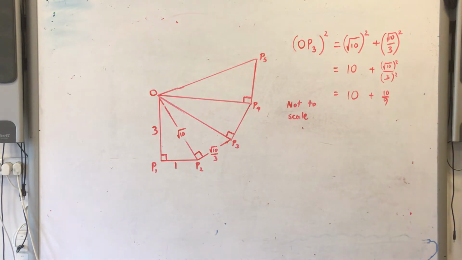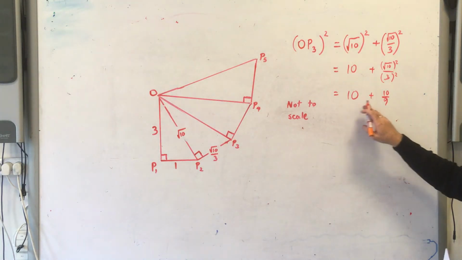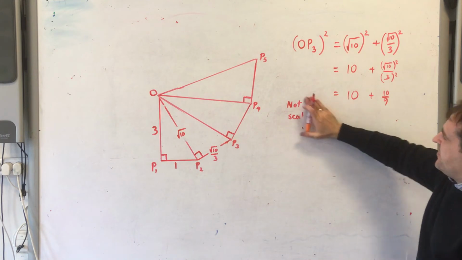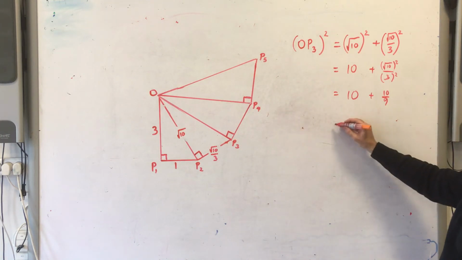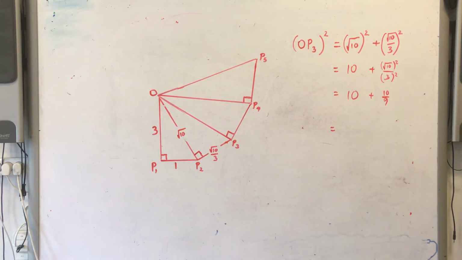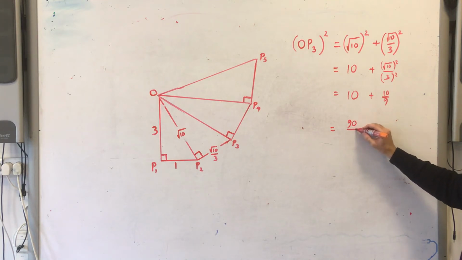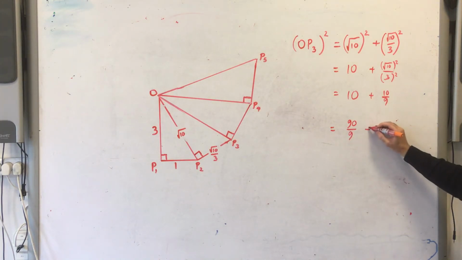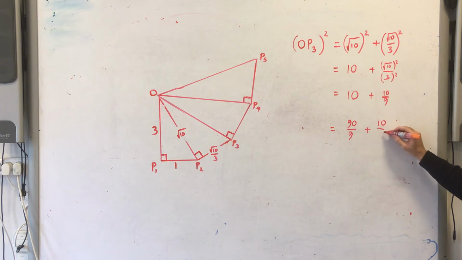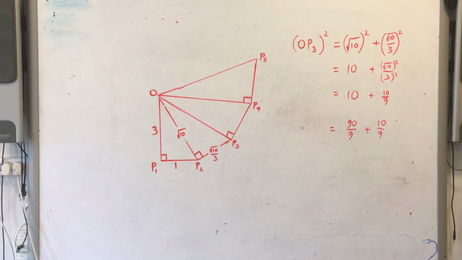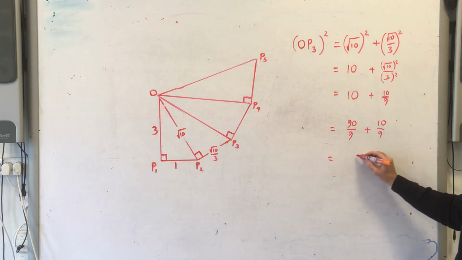So OP3 squared is 10 plus 10 ninths. I'm going to write this all as ninths, so I can add them up. So 10 is 90 ninths, plus 10 ninths makes 100 ninths.